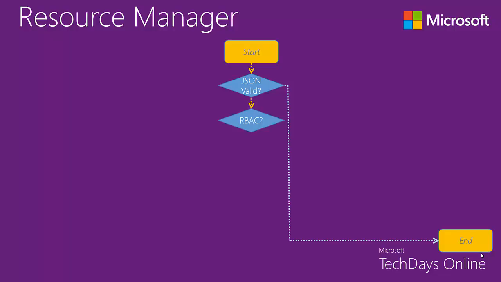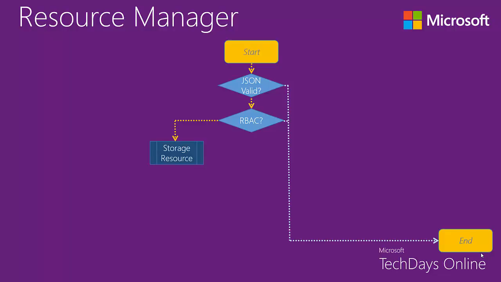The second check is to ensure that we have the privileges to deploy all of the different resources, or if we're targeting our Azure Stack, to ensure that all of the resource providers that are necessary exist. If they don't, again, the system will abort and inform us that we need to go and check the code or retarget it to a different location.